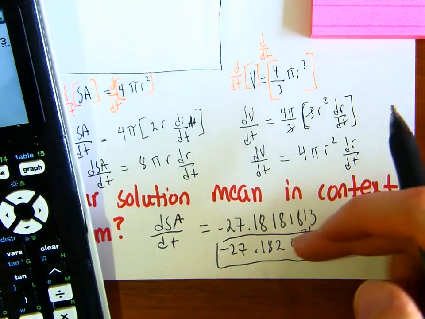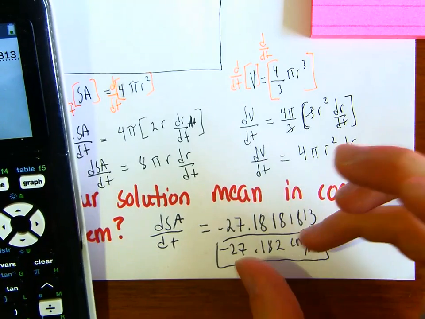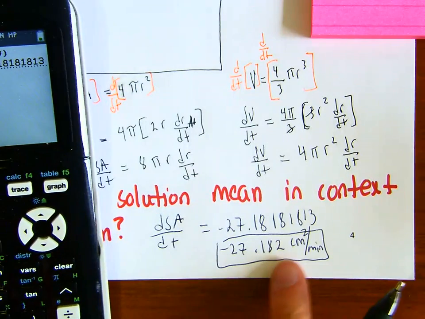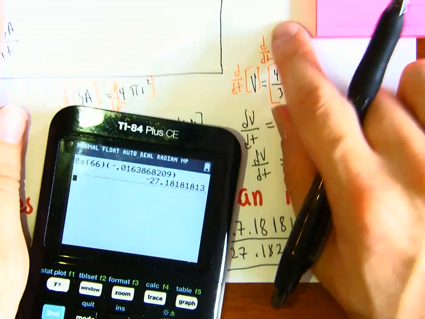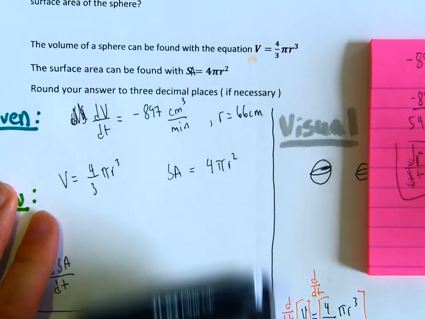So the surface area of the sphere is decreasing by 27.182 centimeters squared per minute. Okay, not too bad, but good luck.